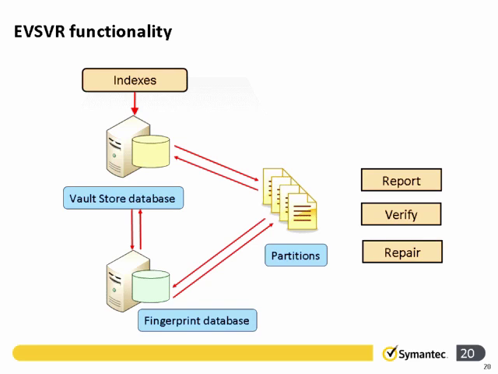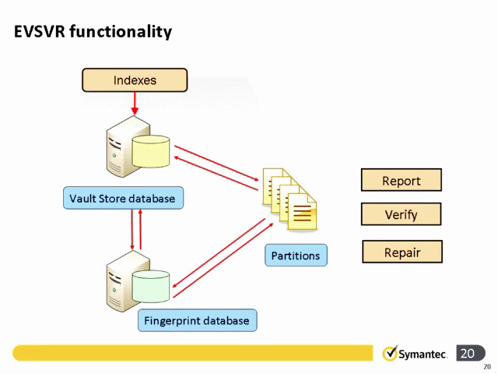It can scan each individual data silo and report the results. You can do a verify. It'll scan a data silo, compare those results with the other data silos, and report if there are any problems. Or it can do a repair. It can scan a data silo, compare the results with other data silos, report and repair any problems.